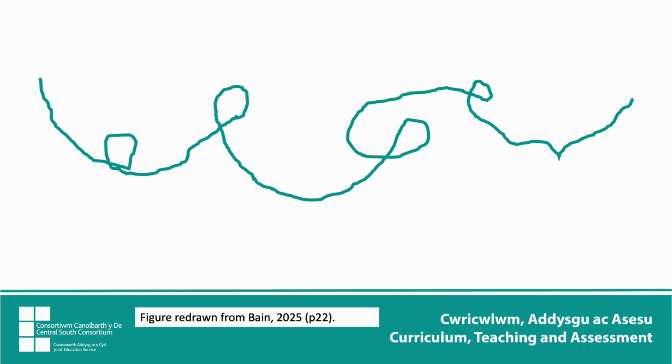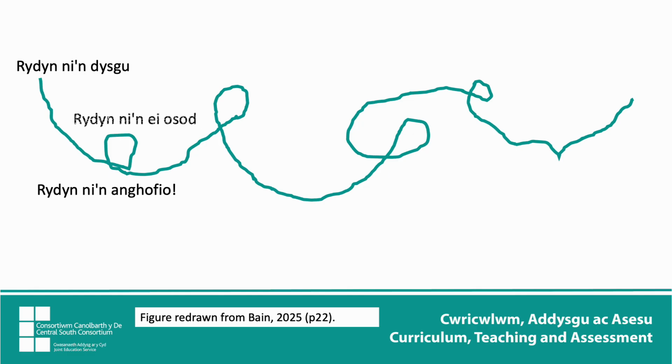These two models of learning shared so far are clear and precise and easy to follow. In reality, however, learning is not so organised and defined. Bain, in 2025, expresses this very clearly.